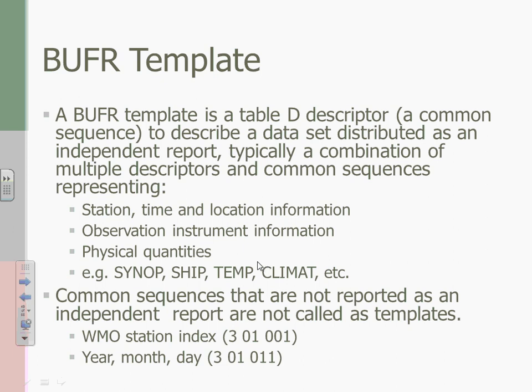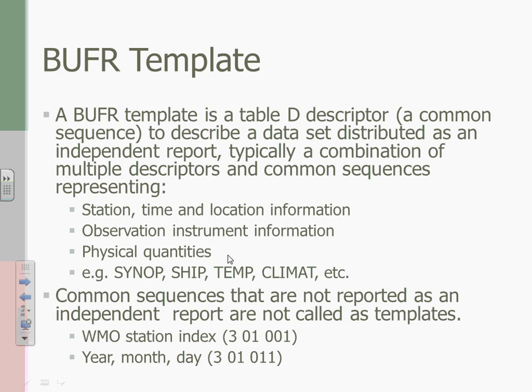So I keep using the word BUFR template, and maybe it's a little bit confusing at first, but a BUFR template is a table D descriptor, which is a common sequence. It's also called a common sequence, to describe a data set distributed as an independent report, typically a combination of multiple descriptors and common sequences, representing station, time, and location information, observation instrument information, and physical quantities.